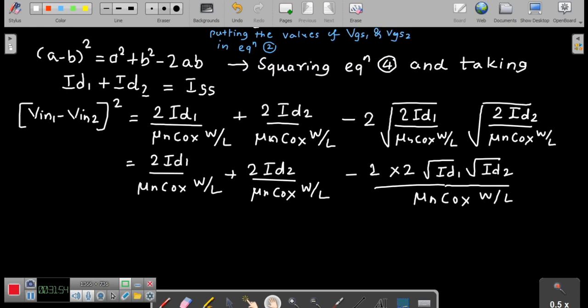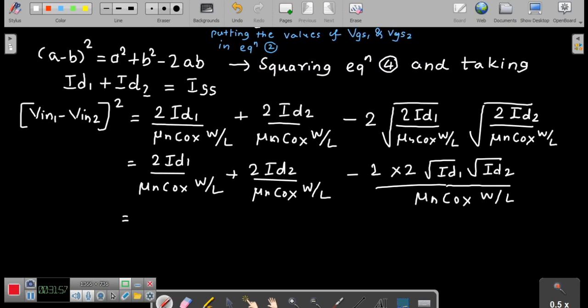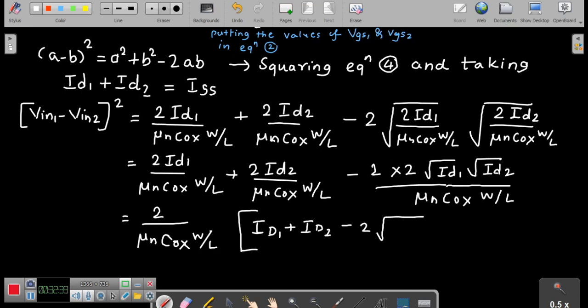So now I will further write this as equal to 2, please check, divided by mu n COX into W by L, and in bracket I will write it as ID1 plus ID2 minus 2 into root ID1 ID2.